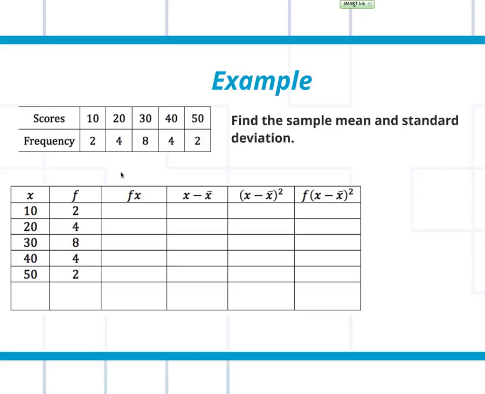There we go. So everyone got the first two columns? Because I want to realign my board before I keep filling in.